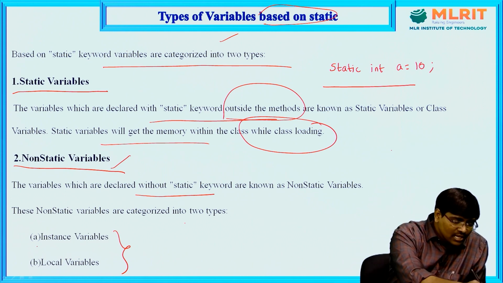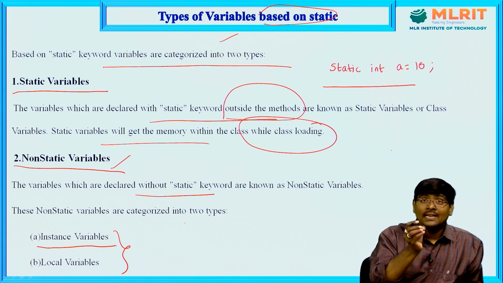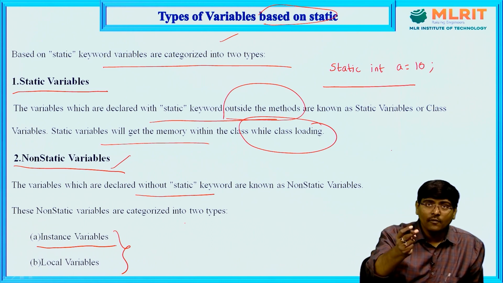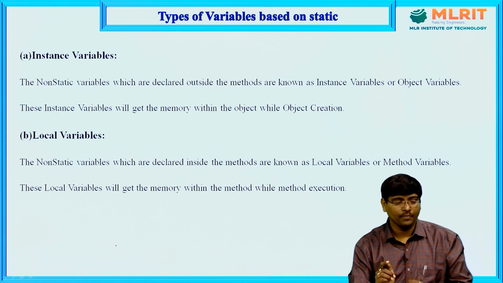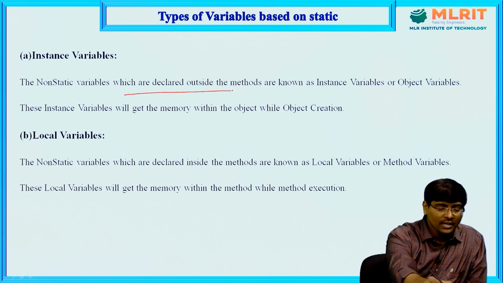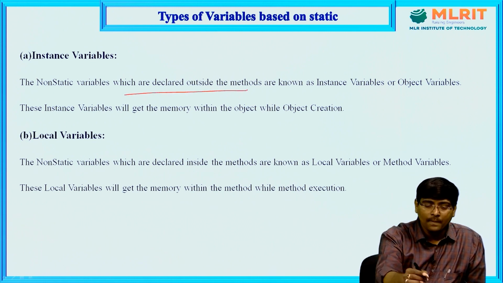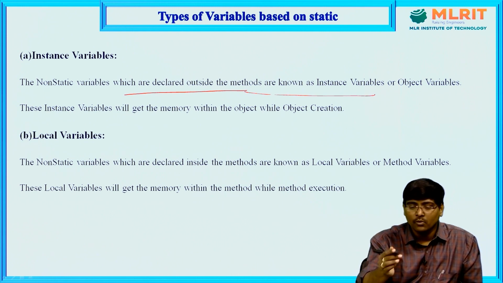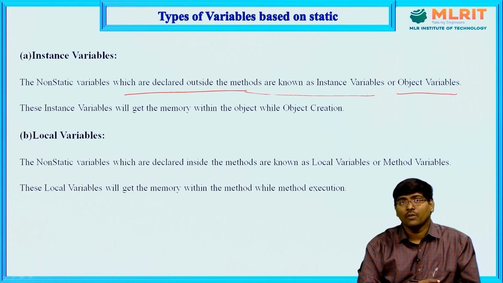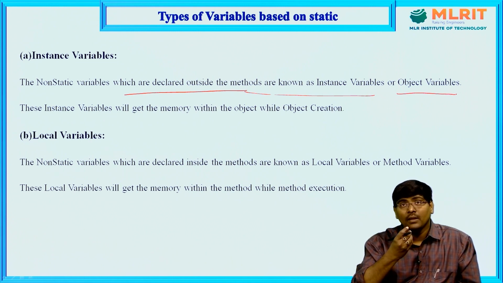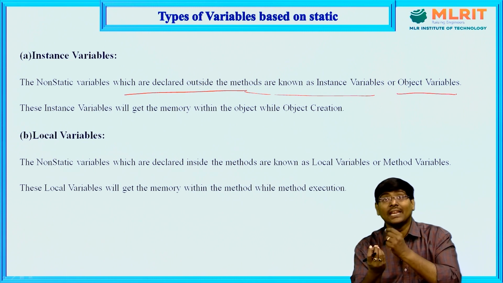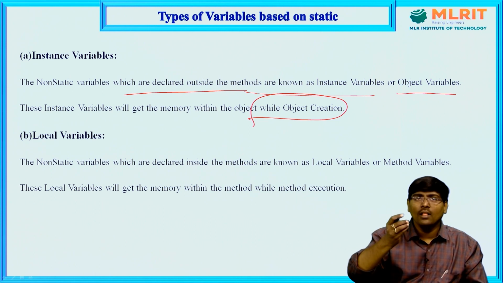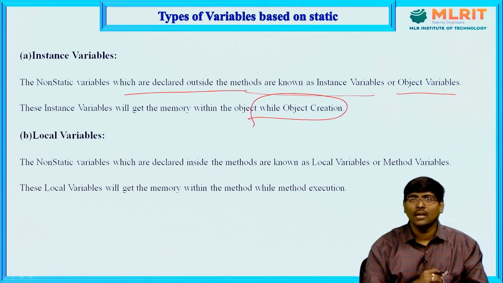Simply, instance variables are the variables that are declared outside of a method without the static keyword. Obviously, those are called object variables. When will they get the memory? Whenever an object is created. So, during object creation, all the instance variables will get the memory.